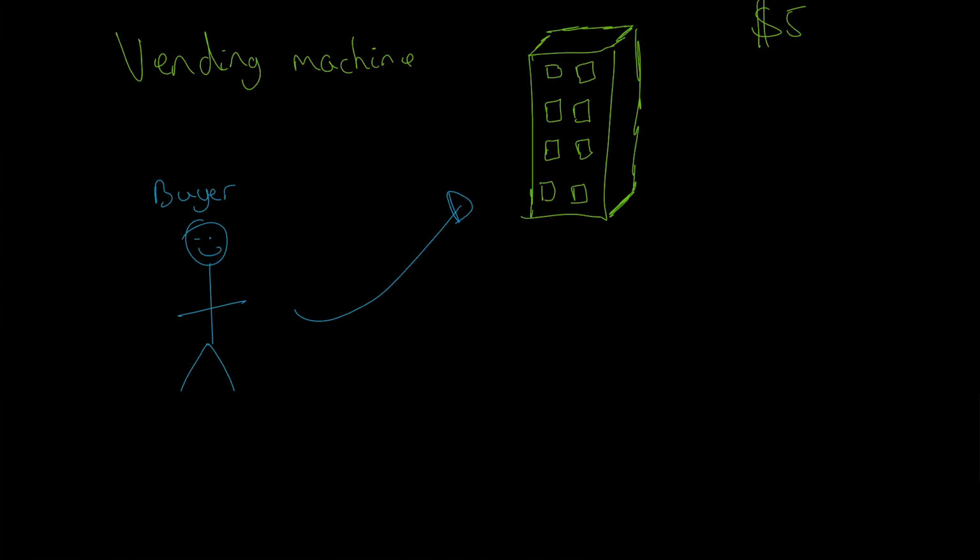Let's say you have a face there, you have $5, you put this into the vending machine. The vending machine determines that you have put enough money into it.